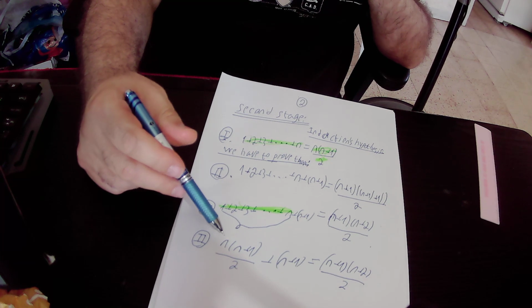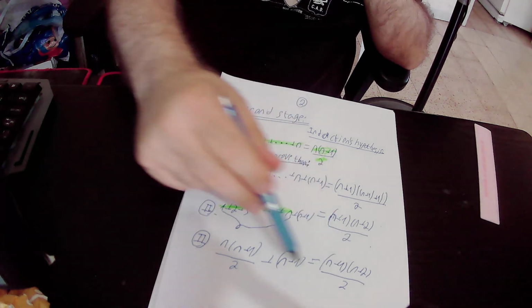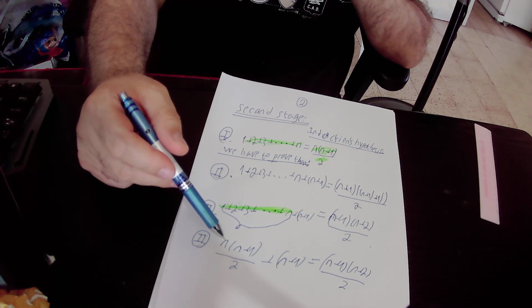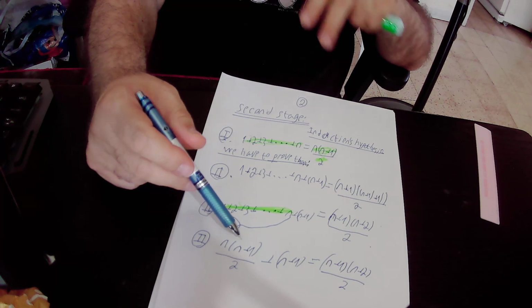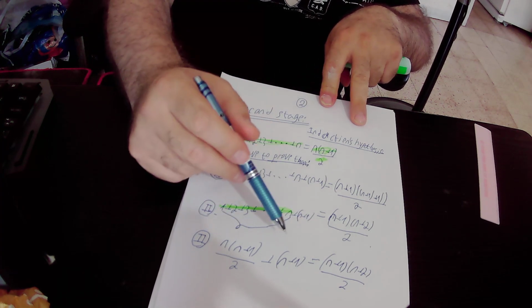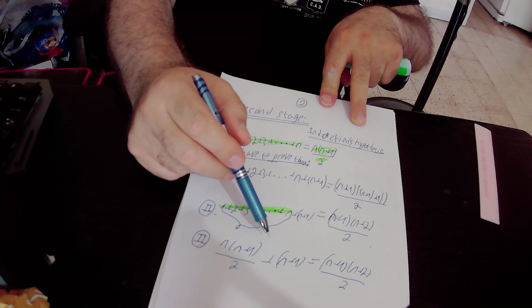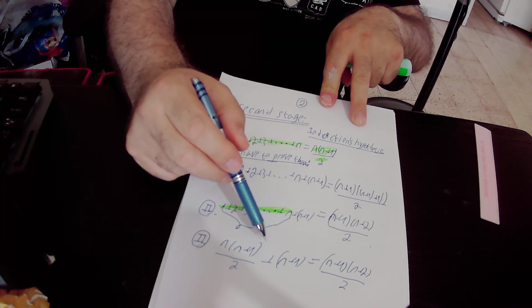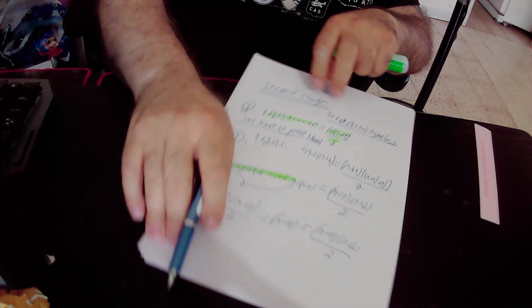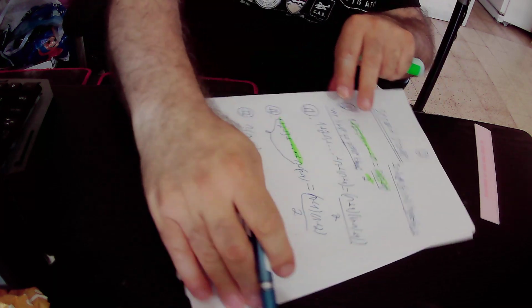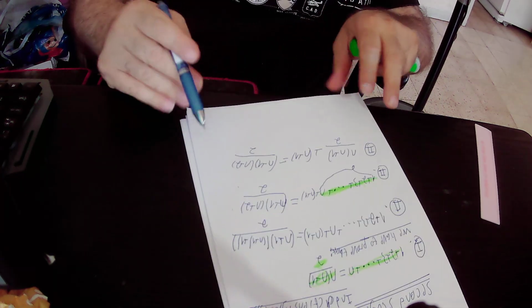Here in this equation we have n plus 1 on both sides of the equation, so we will divide the equation by n plus 1.